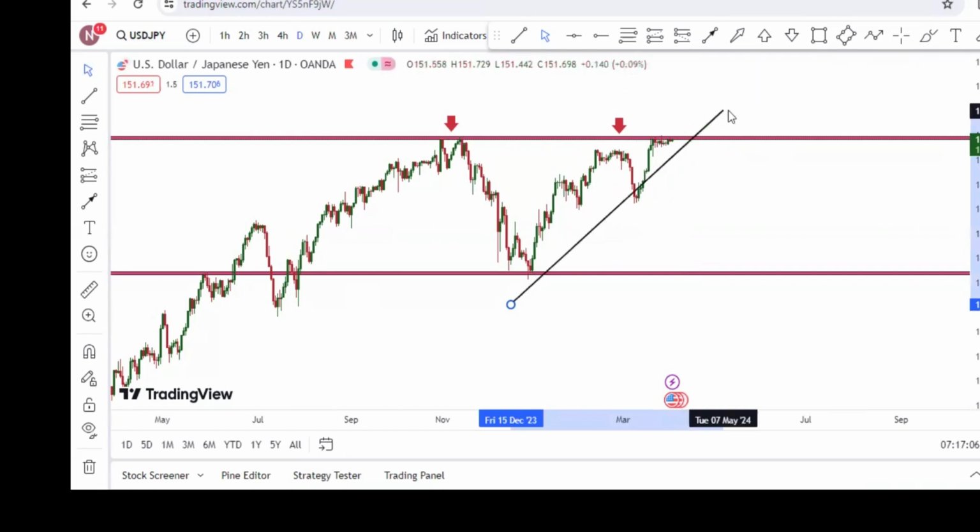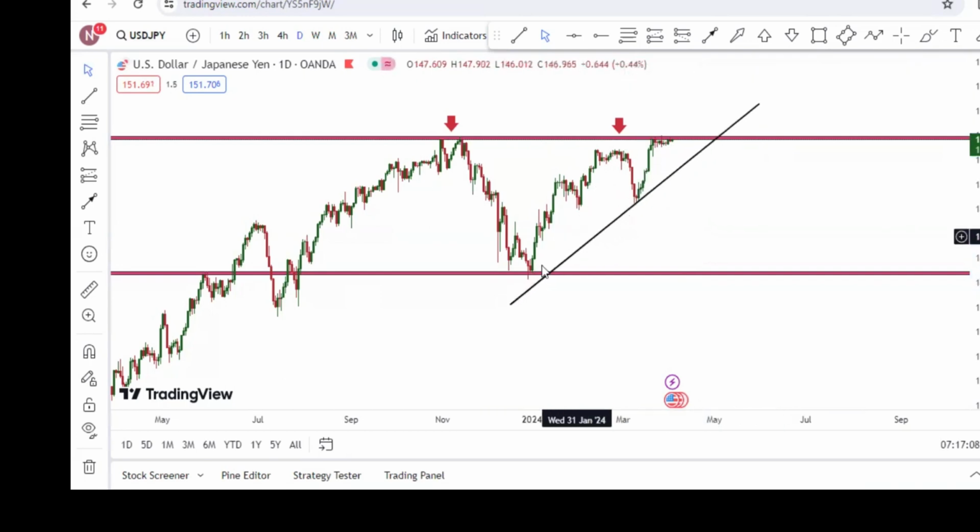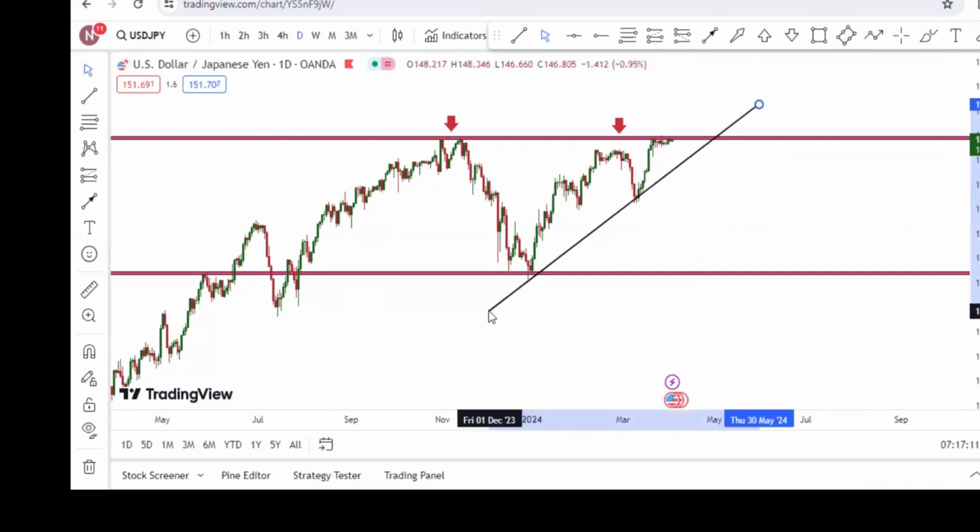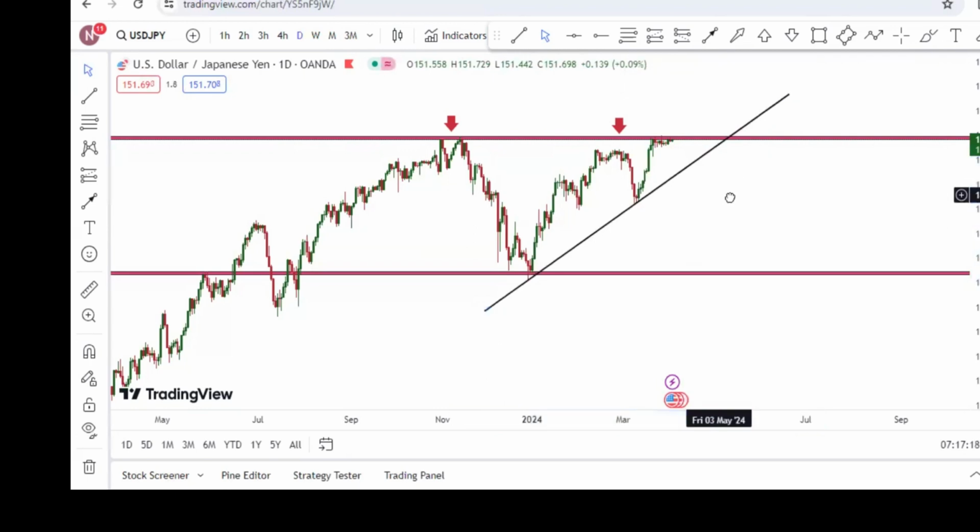So what I'm expecting on this pair, let me draw this. We have two important points here. We have this at the bottom, and we also have this one at the top here.